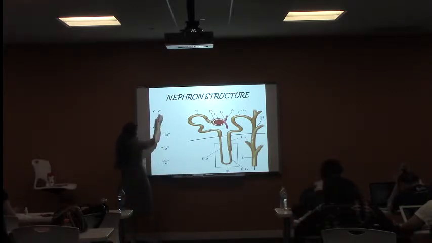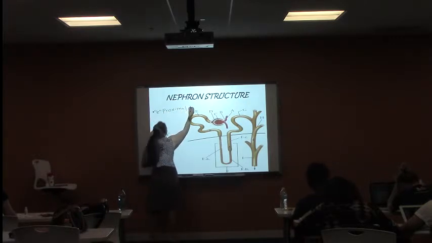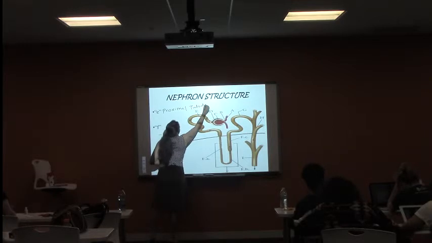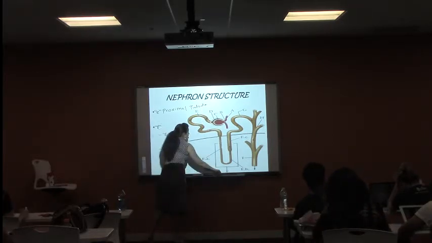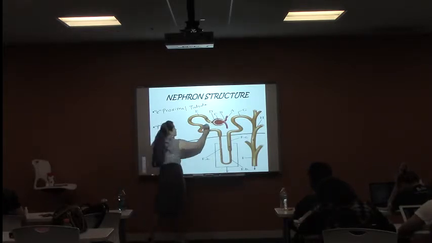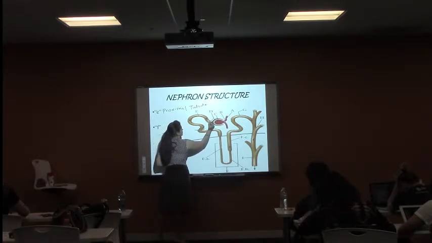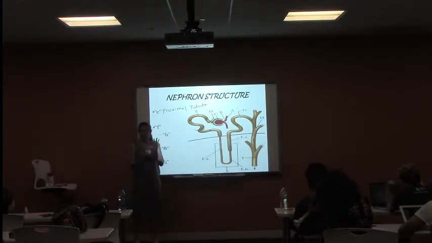Okay, now E is proximal tubule. You have proximal tubule. Now, the proximal tubule has two different segments. So from this segment up to here, it's called the proximal convoluted tubule, because it's all twisted and turned.